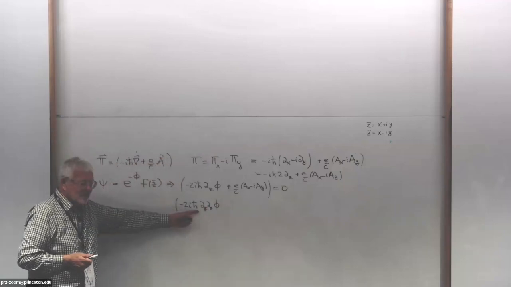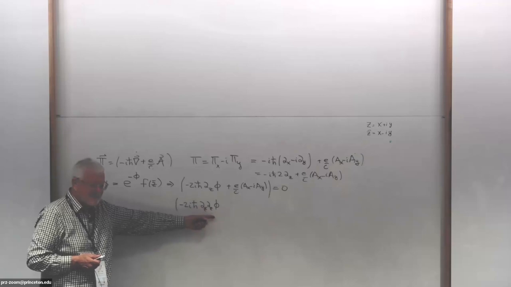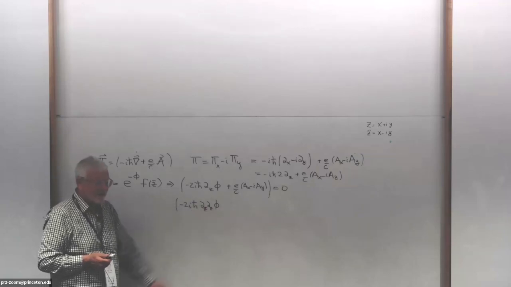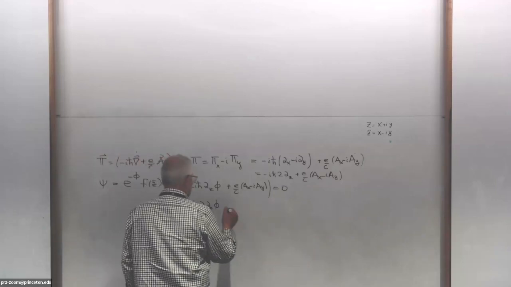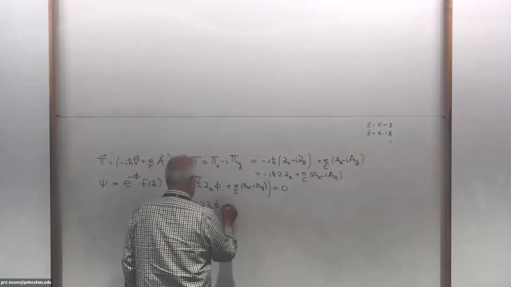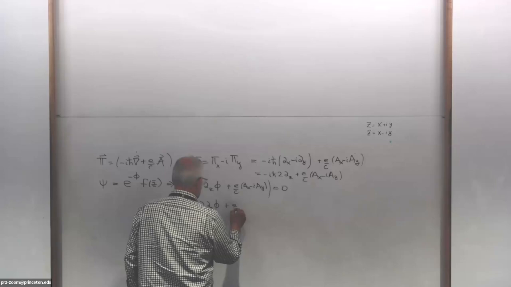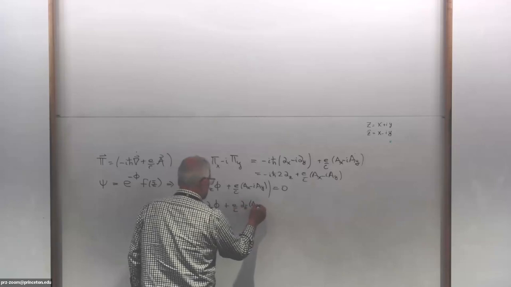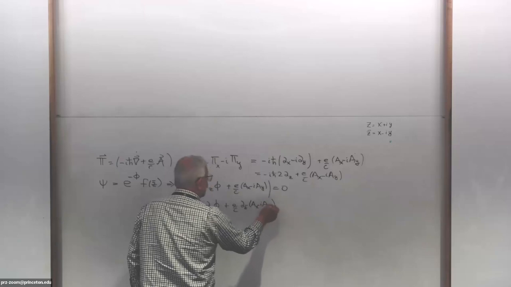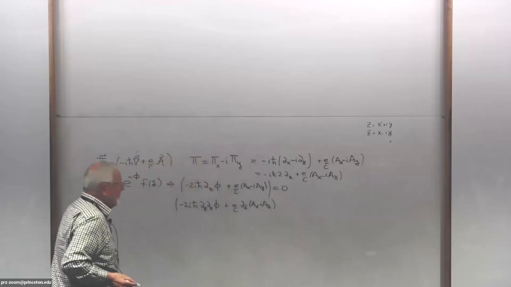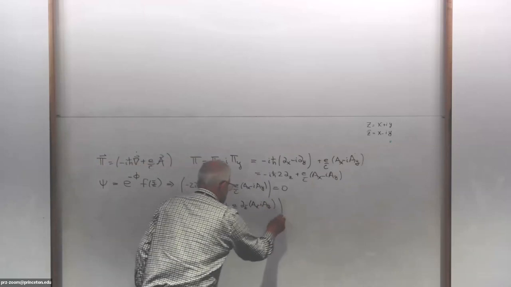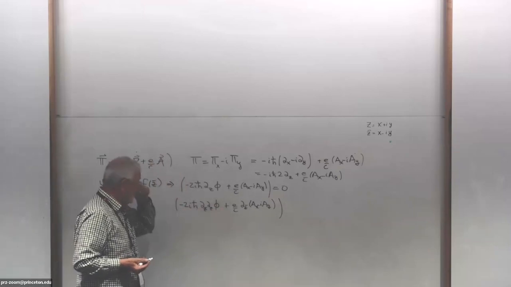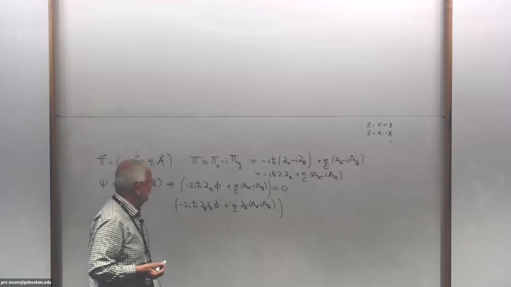Part of the motivation is that dz bar times dz is just the way you write the Laplacian operator in terms of these complex coordinates. So we need to know what is dz bar of Ax minus i Ay.